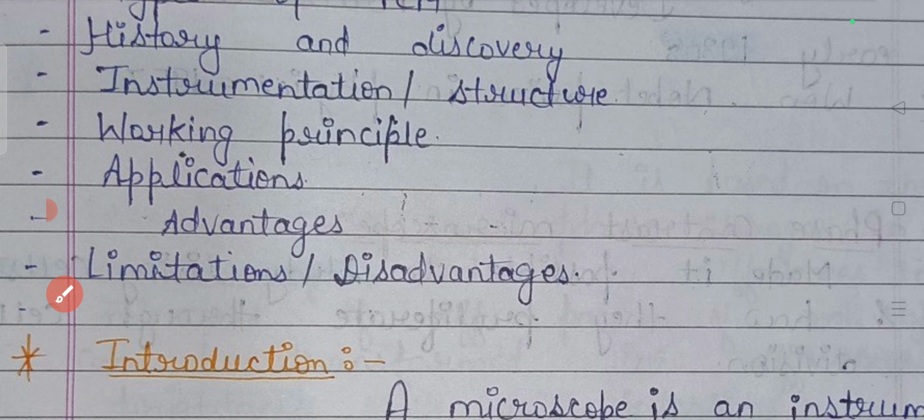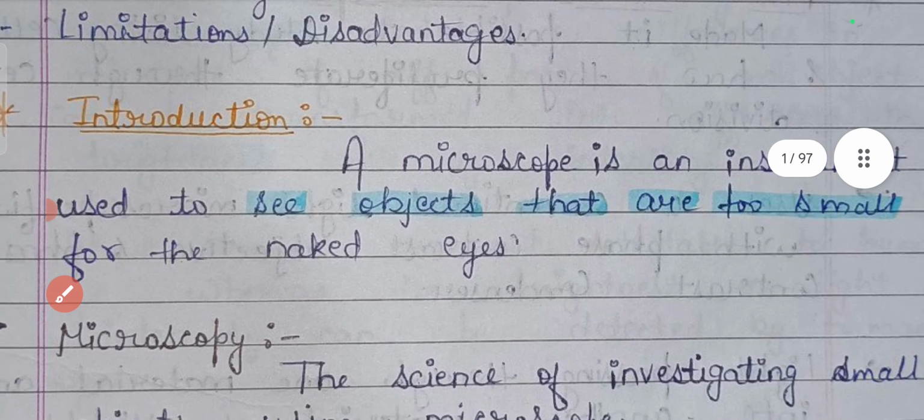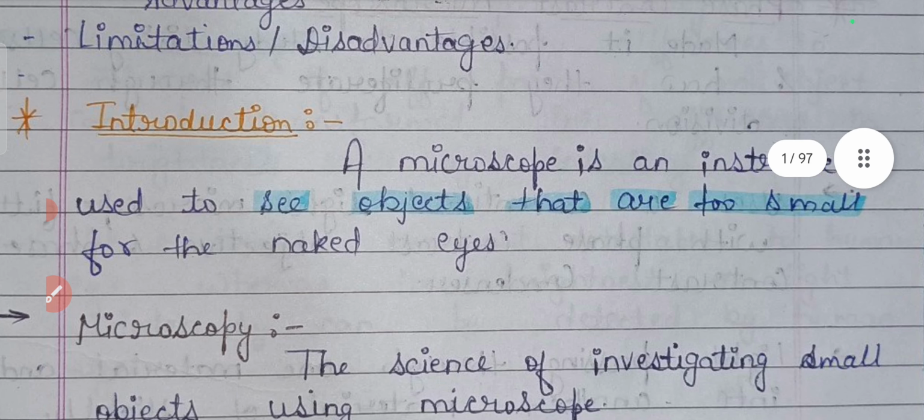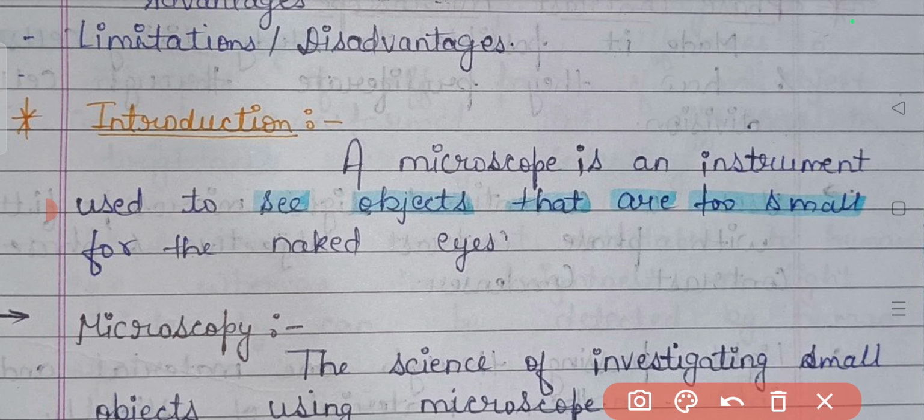So first of all, starting with the introductory part, we have to define what a microscope actually is. A microscope is an instrument that is used to see objects that are too small for the naked eye, that is, things that we cannot see with the naked eye are visualized under the microscope.